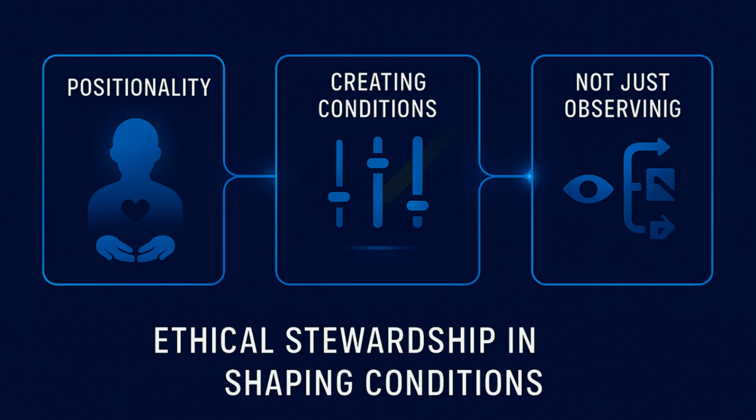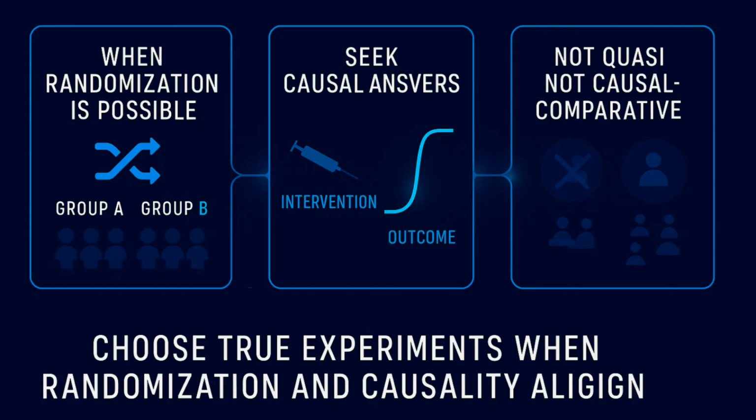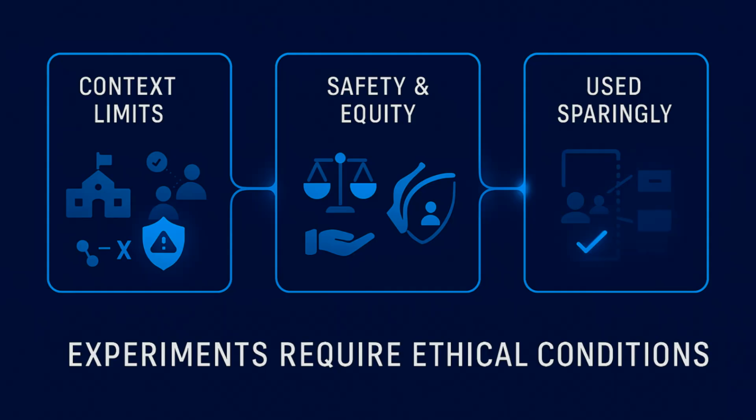The researcher is creating conditions, not simply observing them. This design is chosen instead of quasi-experimental work when true randomization is possible and ethical, and instead of causal-comparative work, when the researcher seeks causal answers rather than natural differences. Experimental design is used sparingly in dissertations because the context must allow it without compromising safety or equity.